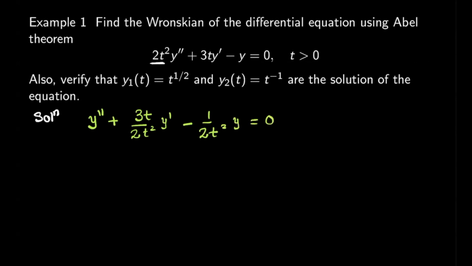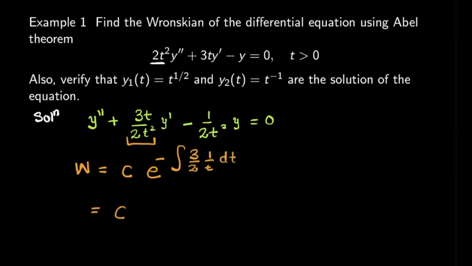Now from here we can calculate the Wronskian by using that formula. So W is equal to C times e raised to the power negative integral of this term, which is p(t). If I simplify this term, this is 3 divided by 2 and 1 over t dt.